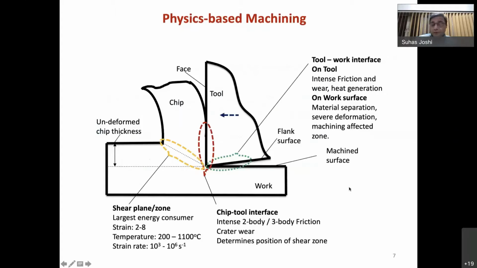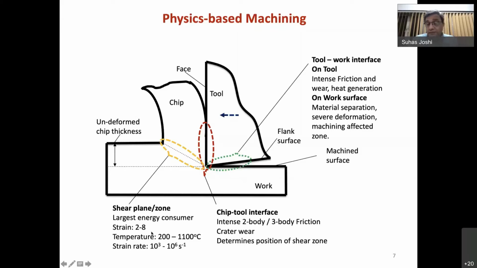This is a simple slide, but it is a very complex picture. It tells you all the complex phenomena which happen in a machining process. For example, the shear plane is the largest consumer of energy. Of the energy you are giving to the tool, the maximum amount is consumed by the deformation which happens in the shear plane.